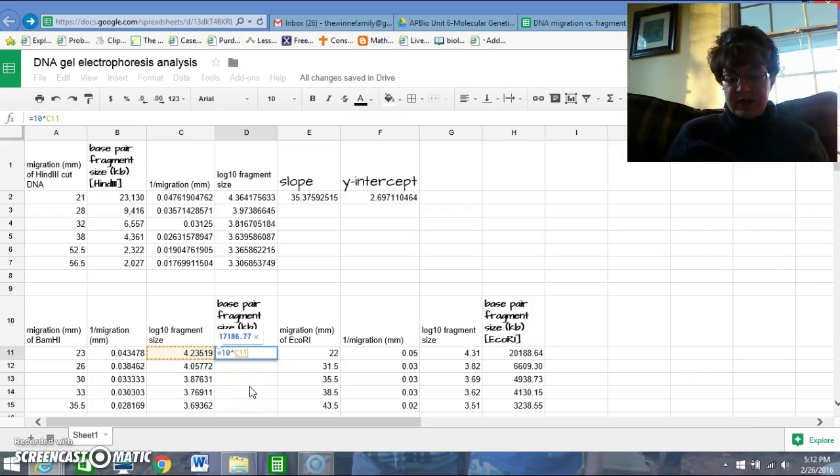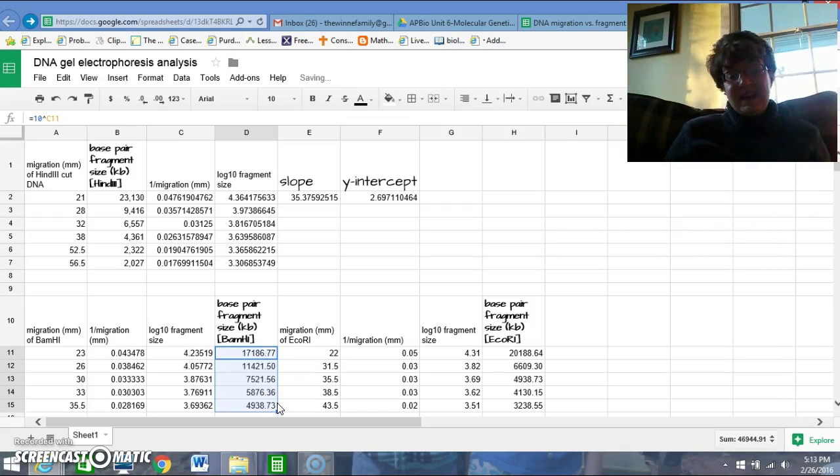And that will convert it into base pair size. All right, and then I need to apply this to the rest of my cells. And now I know my sizes. If I want, I can take these cells and decrease the decimal. In fact, I think I'm going to decrease it to whole numbers. And there you have it.